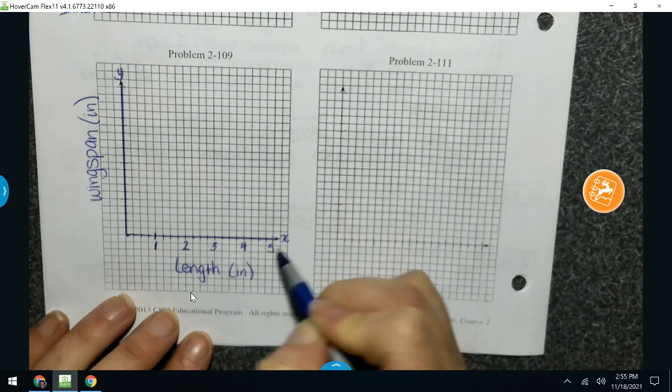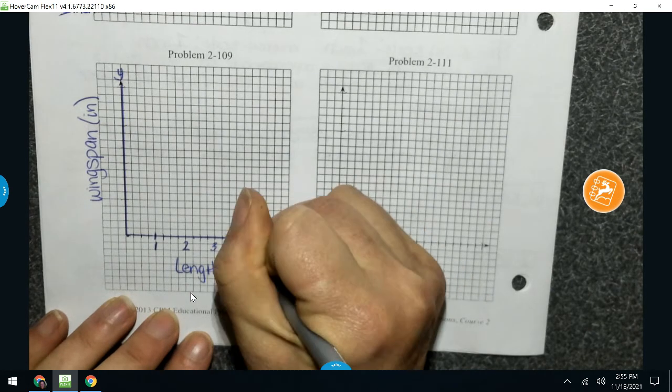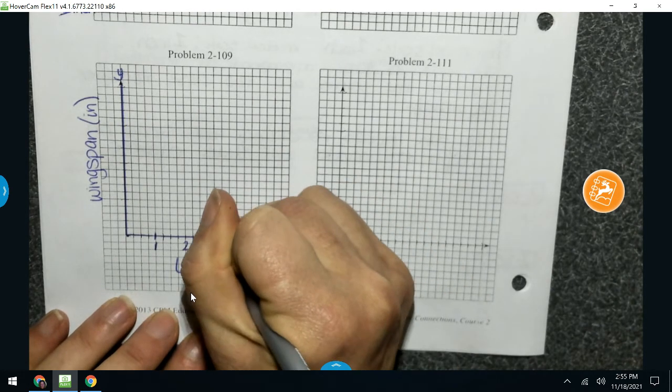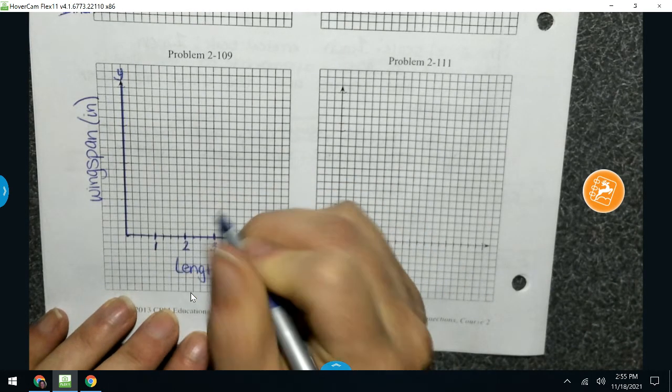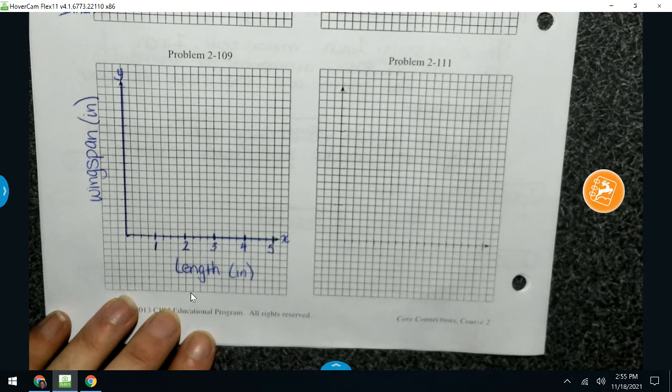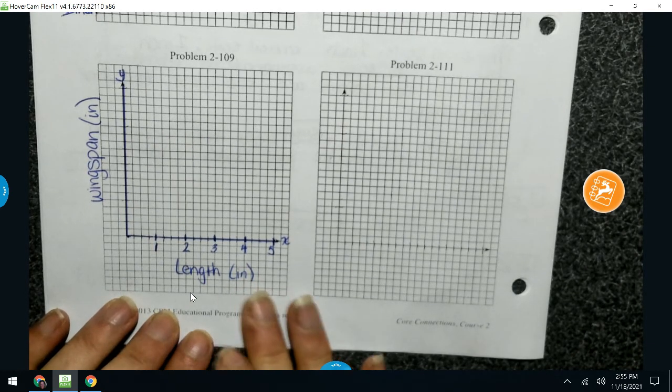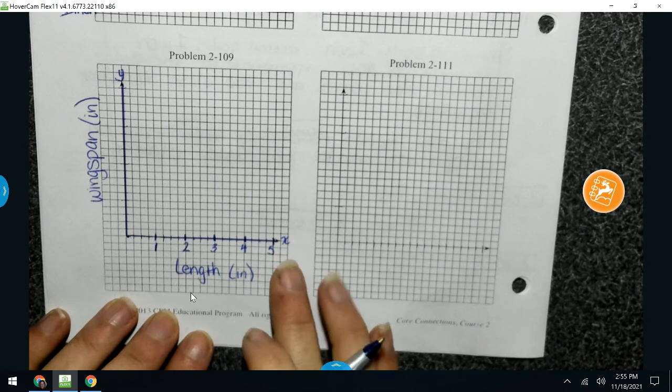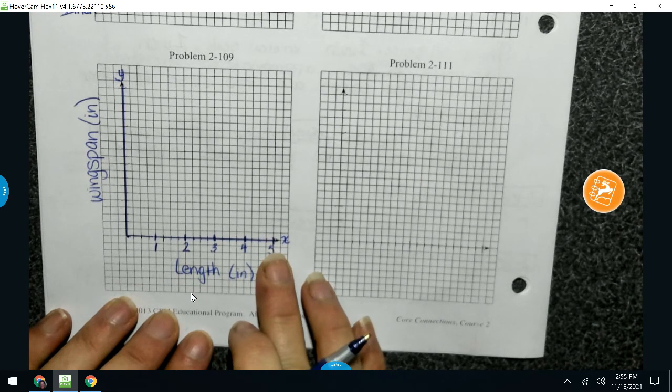I'm going to go ahead and mark those as well, just so that we can see them a little more clearly. So again, this is the body length in inches. I can absolutely fit my maximum, which was the 5 right here.